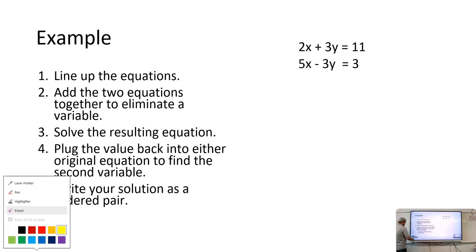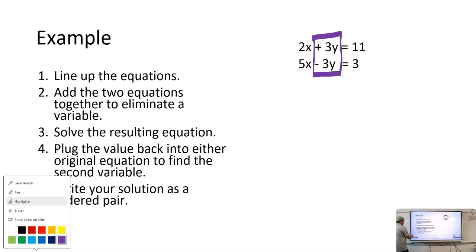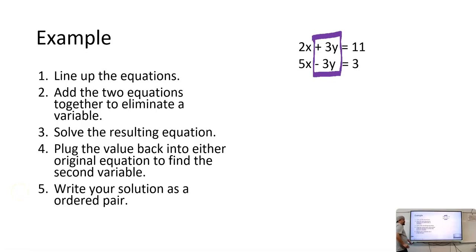Okay, second, do we have something we can eliminate? Do we have any opposites? And hopefully you noticed that right here we have a plus 3y and a minus 3y. So if I were to add 3 and negative 3 together, that would turn into a 0, and the y's would be eliminated.